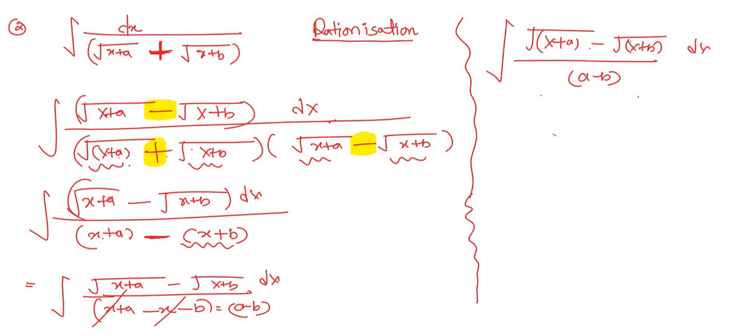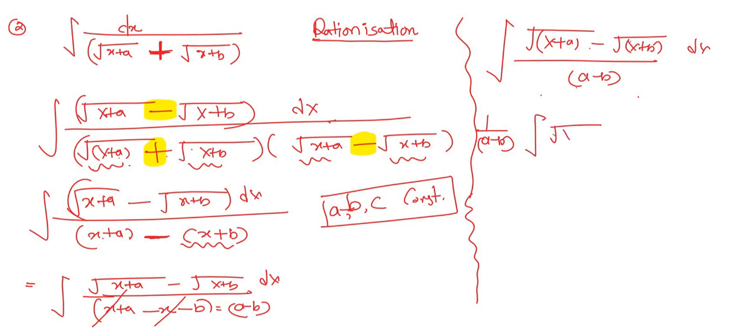Is it clear till here? See, a, b, c, what are all these in maths? These are all considered as constants. So can I take a minus b out? A minus b, so it is root of x plus a minus root of x plus b.